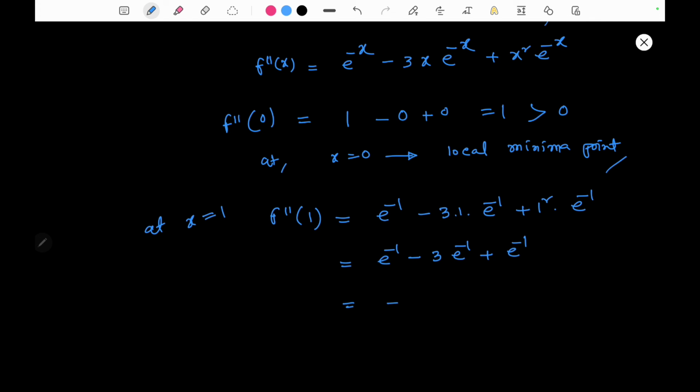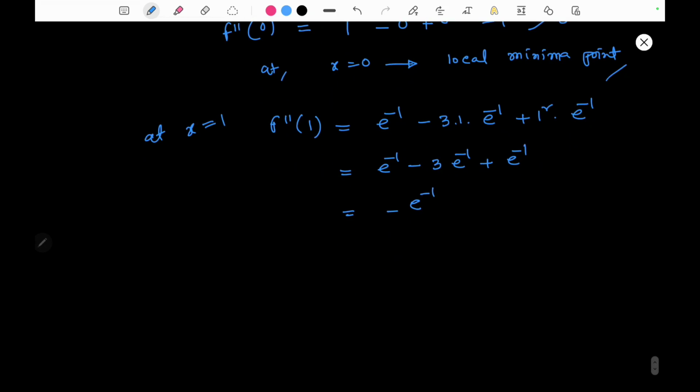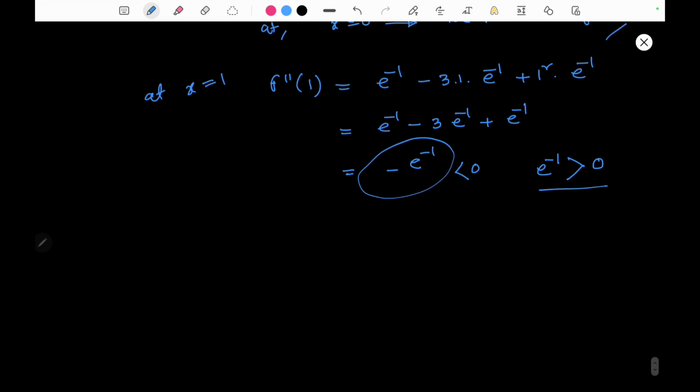So it will be minus e to the power minus 1. Here e to the power minus 1 is greater than 0, so this whole term is less than 0. So at x equal to 1 we will get the local maxima.